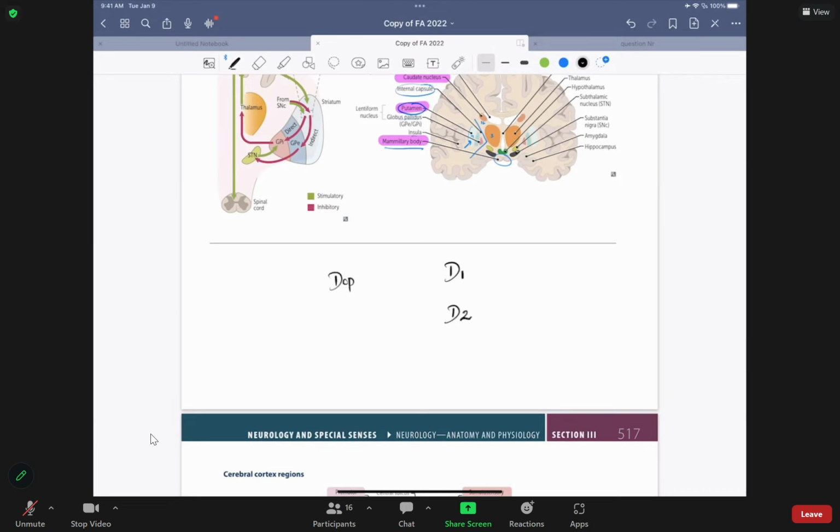Dopamine stimulates this, inhibits this. By doing that, it increases motion. Is everybody clear, folks? I'm just rewriting the same thing.